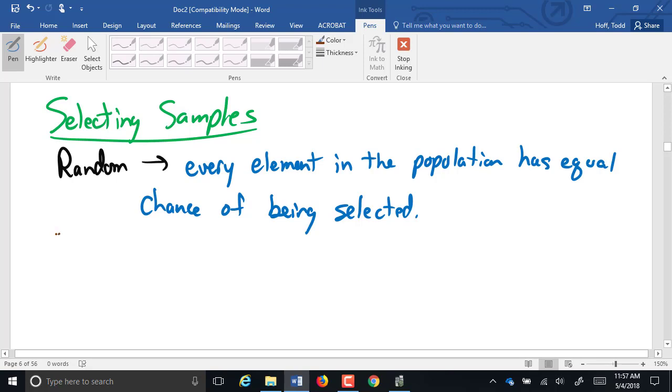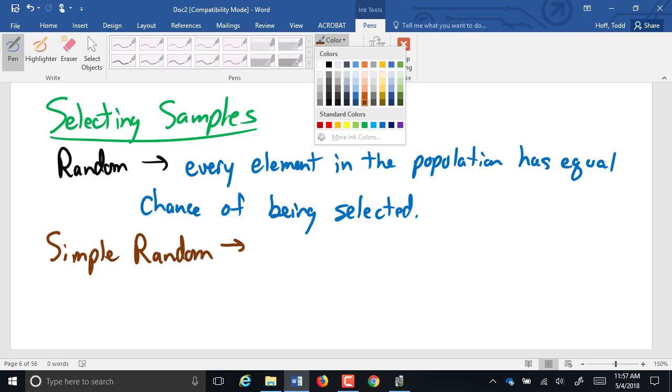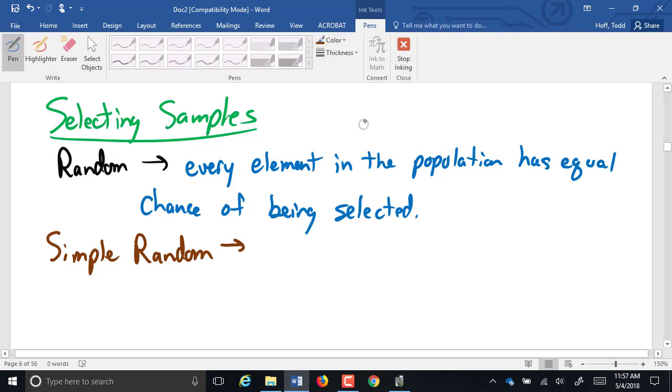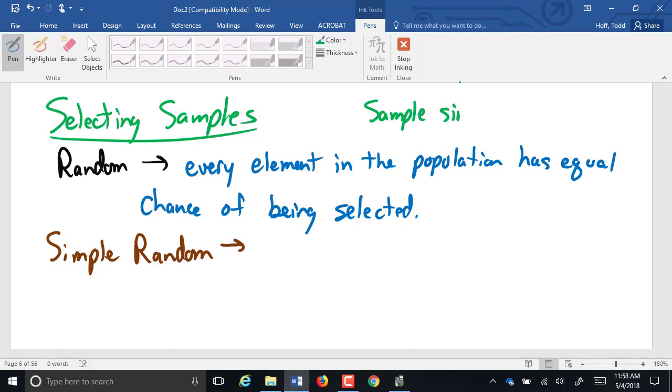There's something a little bit more powerful than random, and it is called simple random. It's called simple random because there's no system or process behind it, and it's a little bit tricky to define. Let's say our sample size that we are going to use is labeled with the letter little n.